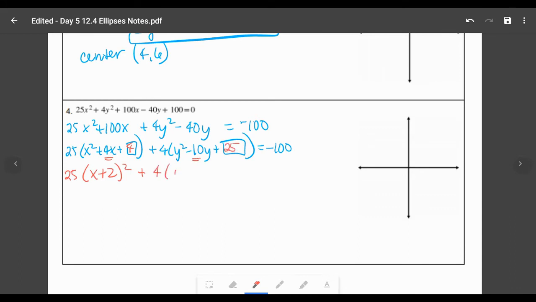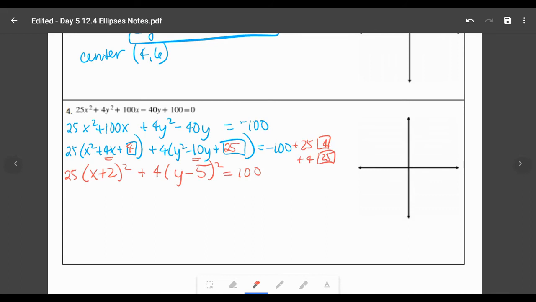So we would do 4 times y minus 5 squared equals negative 100. But that's not really negative 100 because we need to also add 25 times 4 plus 4 times 25. So that looks like it's going to give me positive 100.